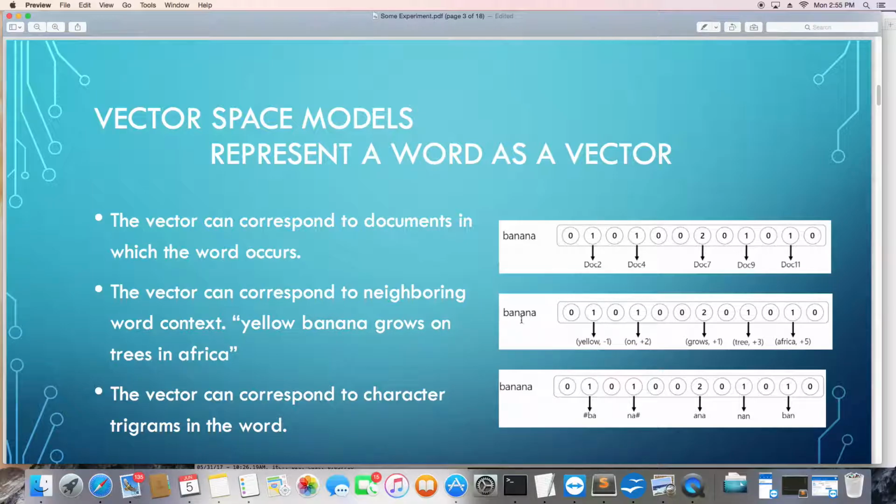The second one is banana in the sentence, "yellow banana grows on trees in Africa." And the third one is the character trigrams for the word banana.